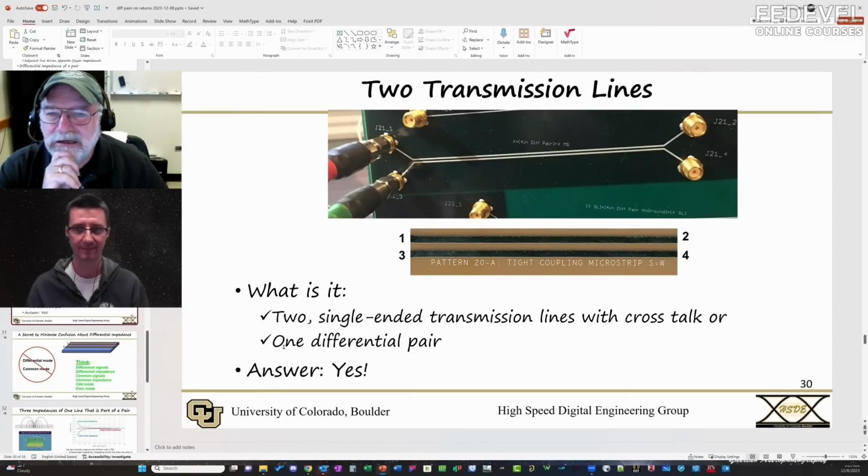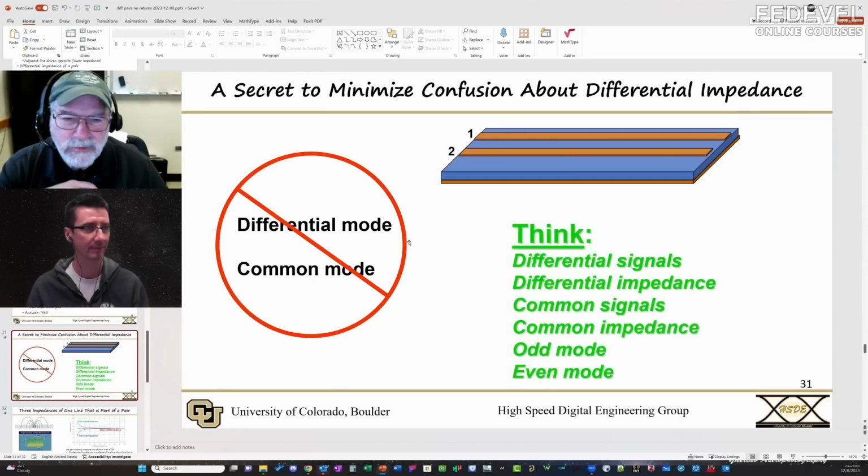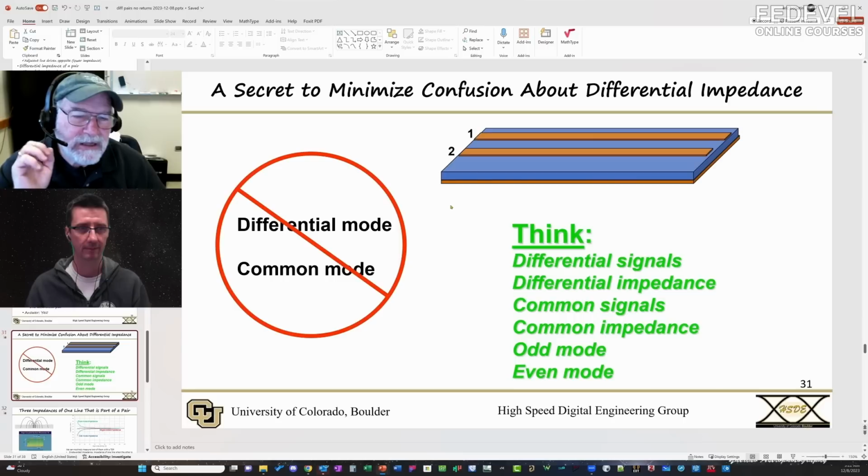I don't have a slide to show what they are, but we can talk about it. I do want to emphasize how important the words are that we use to describe those signals, and it's important in influencing how we think about things. That's why I'm very careful to use the terms differential signal and common signal.